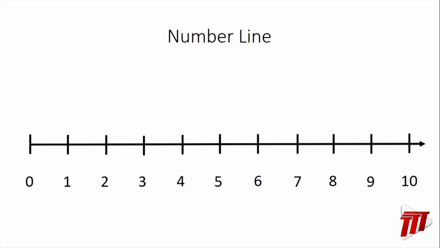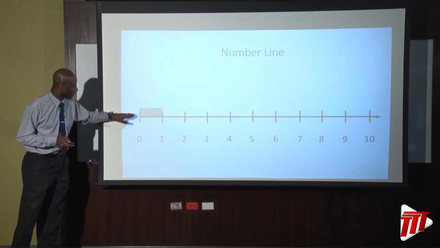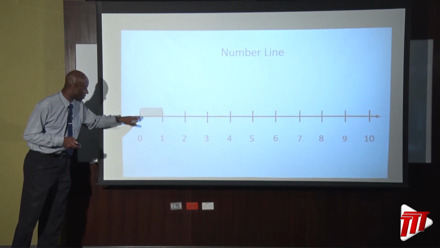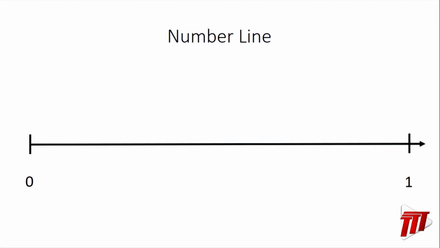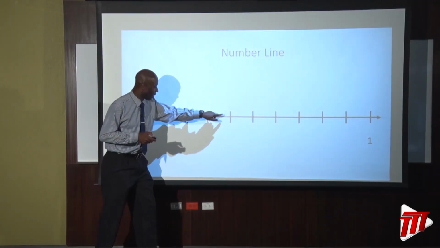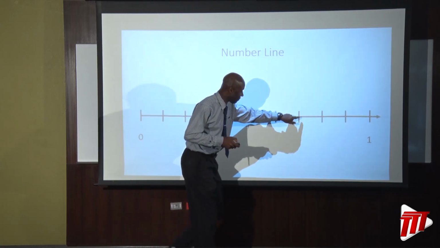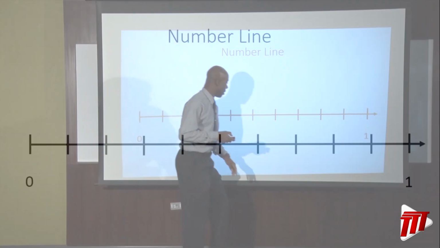This is a number line from 0 to 10. If I focus on the distance from 0 to 1, which would be represented here, I can divide this entire length into 10 equal parts. 1, 2, 3, 4, 5, 6, 7, 8, 9, 10.